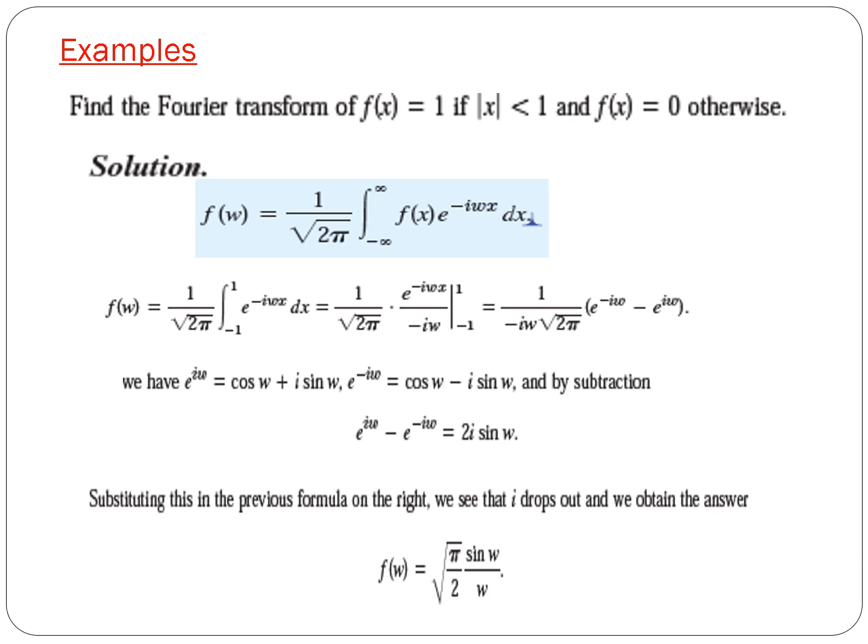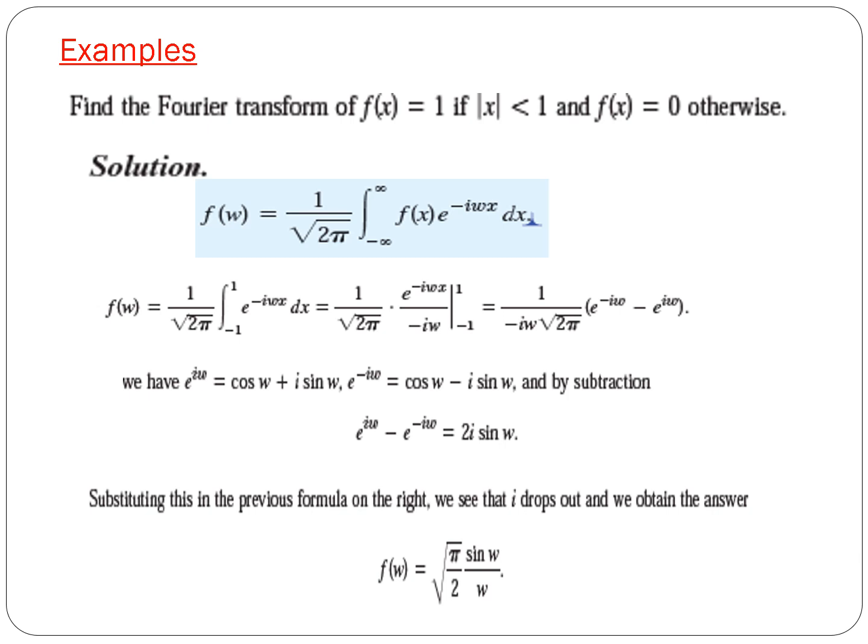Therefore, Fourier transform becomes F of omega equal to 1 by root of 2 pi. Integral becomes minus 1 to plus 1 e raised to minus i omega x dx. That's equal to 1 by root of 2 pi e raised to minus i omega x divided by minus i omega between the limits minus 1 to plus 1. Then after applying the upper limit and lower limit, the integral becomes 1 by minus i omega root of 2 pi into e raised to minus i omega minus e raised to plus i omega.